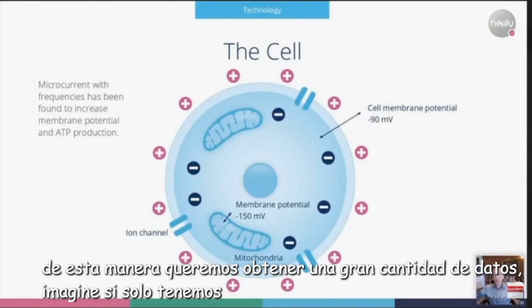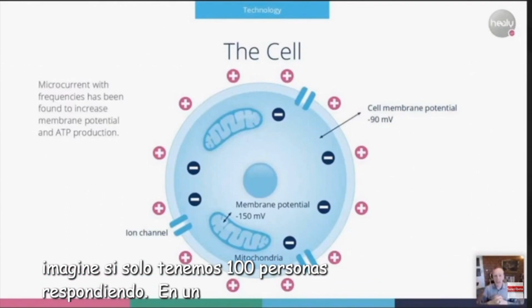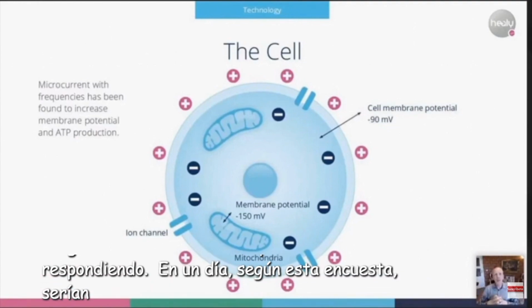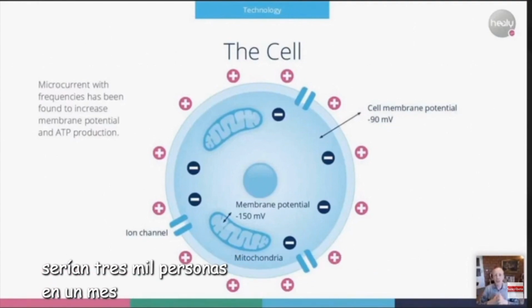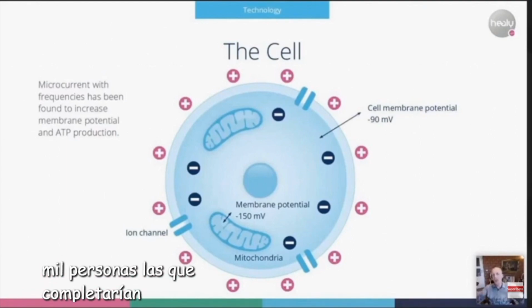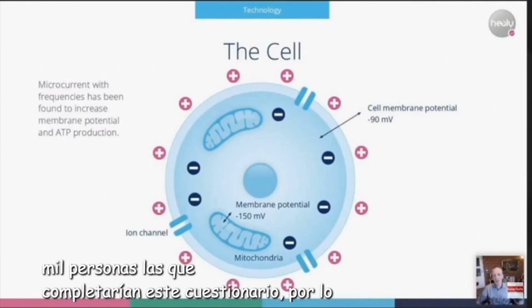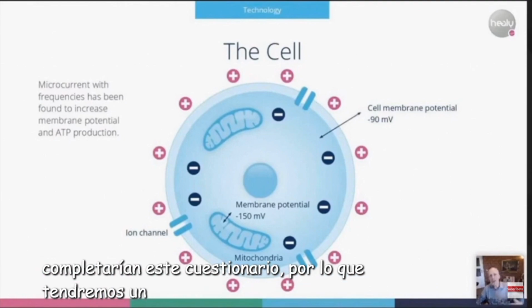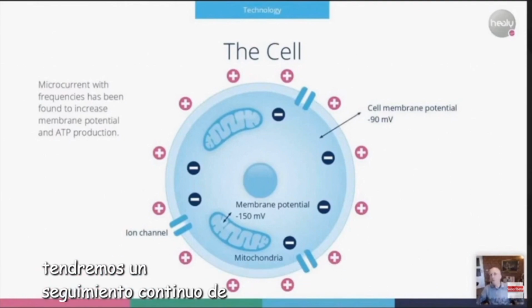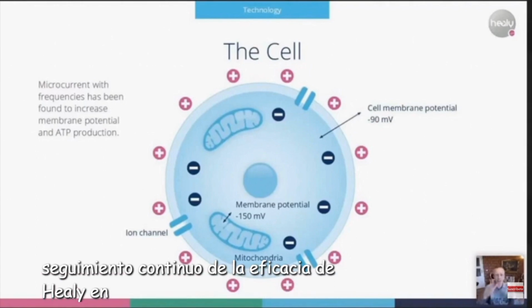Imagine if we have only 100 people responding in a day to this survey, it would be 3,000 in a month, and in 3 months it would be 10,000 persons filling out this questionnaire. So we will have an ongoing monitoring of how effective Healy is in different areas.